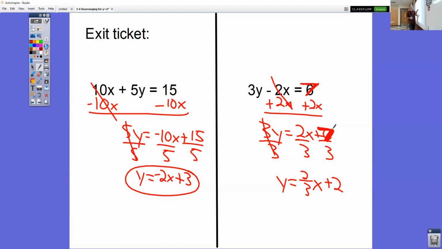Turn it into a decimal. The number in front of the x you can leave as a fraction. This one you really technically shouldn't. You should change it to a decimal, because when we do graphing, it'll be easier to graph. 7 divided by 3 is 2.3 repeating. So again, leave the number as a fraction in front of the x, but change the number after it into a decimal.